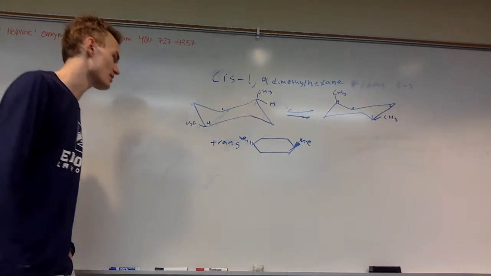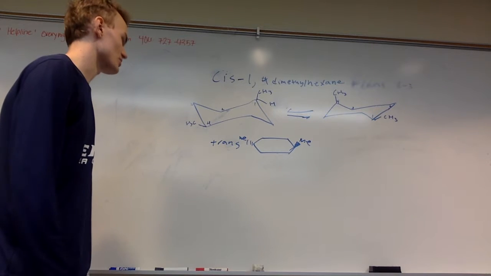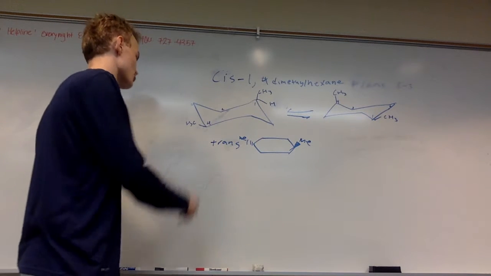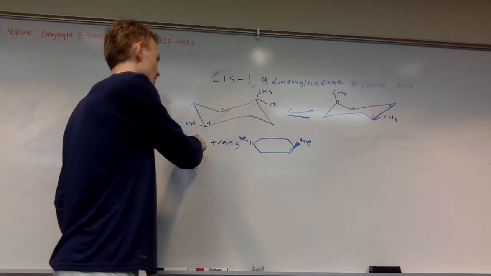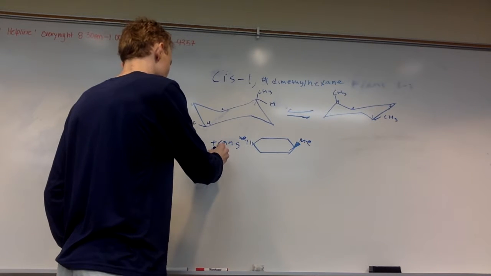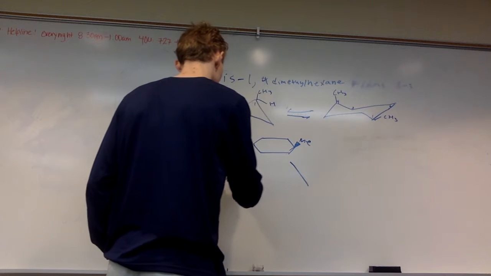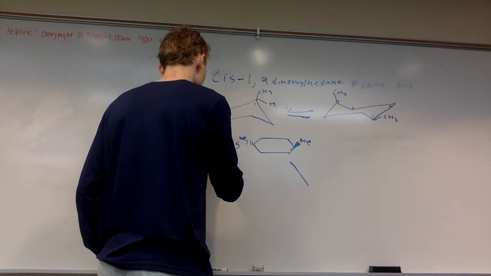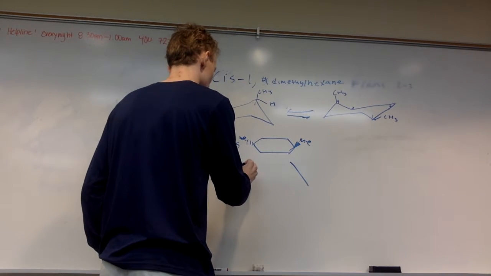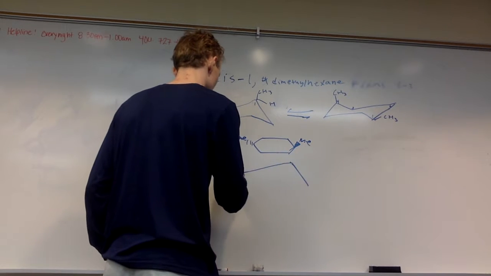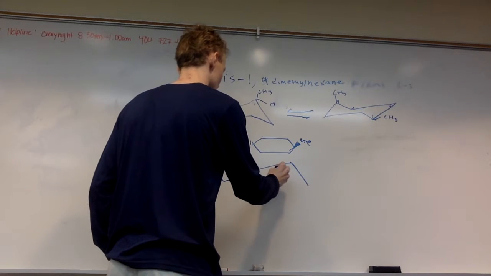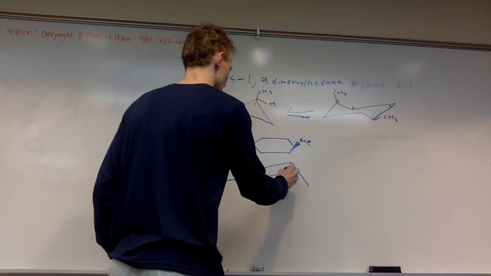But the idea though is that now, when we draw this, we can draw the left leaning one first. This one's short, and this one's long, this one's long, and then this one can be short.